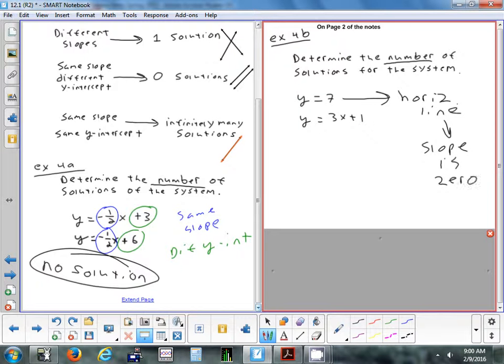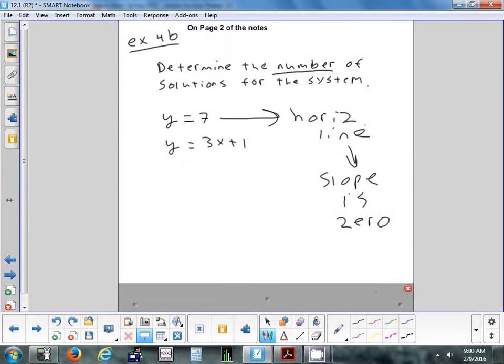Okay. Somebody tell me, what's the slope of my second equation? The slope is 3. Okay? y equals 7, that's a special case. That's a horizontal line. Horizontal line has a slope of 0. The second equation has a slope of 3. Are these slopes the same or different?